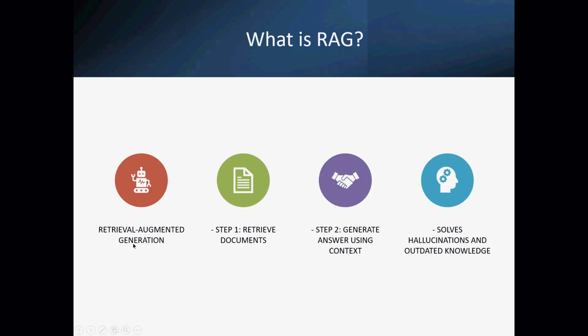So what it actually is, is retrieval augmented generation. It retrieves the documents, generates answers using context, and solves hallucinations and outdated knowledge. When I say hallucinations, since models are very creative in nature, which I already talked about, if a model doesn't know something, it tries to hallucinate.